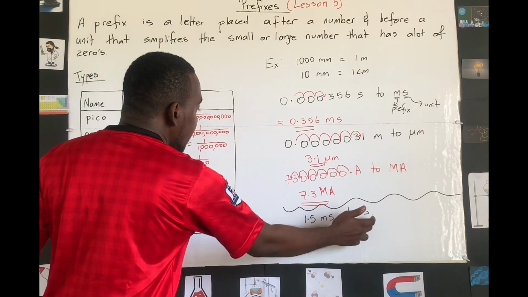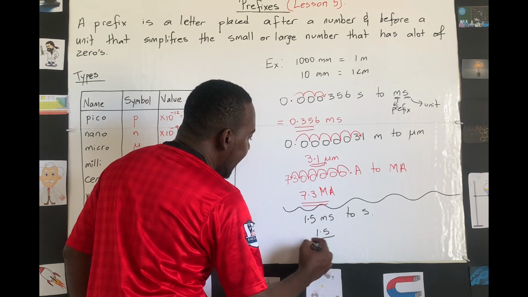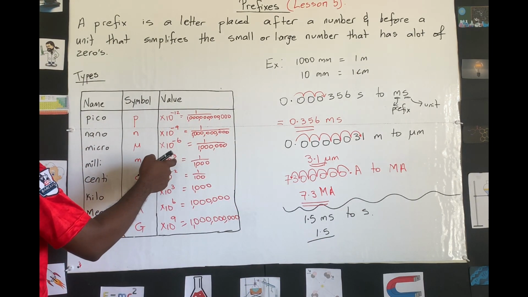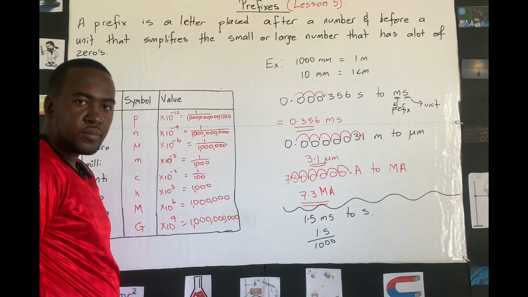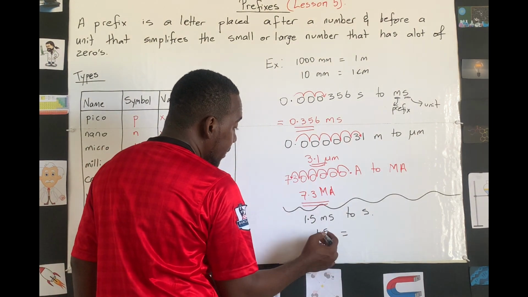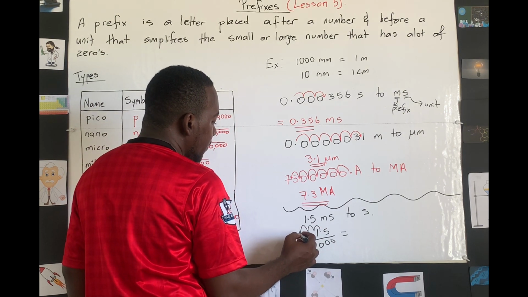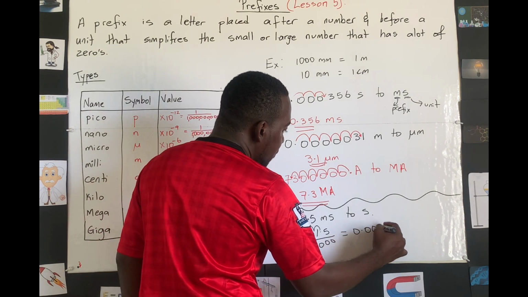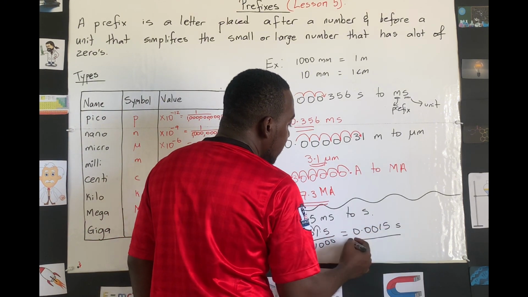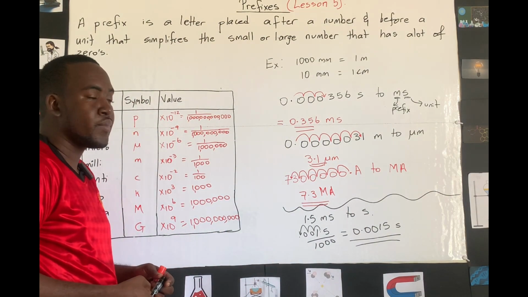So this is small to large, so we will divide. What would we divide by? We will divide by how many zeros are in milli, which is 1,000. And hence our answer would be, we take this 3 times, 1, 2, 3. So our answer is 0.0015 seconds. So that is the value in seconds, right?